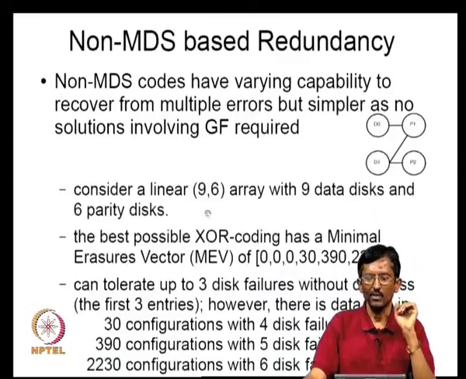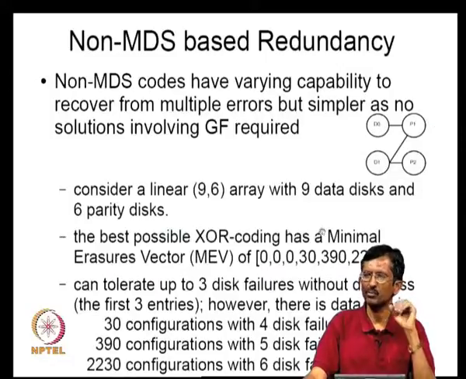Now depending on how these parities are computed and which data disks are used for computing the parity, you will have various design possibilities. For example, if you have a 9 disk 6 parity system, it turns out there is a particular way in which you can join various disks to produce some parities.